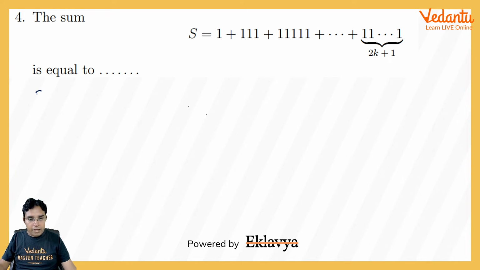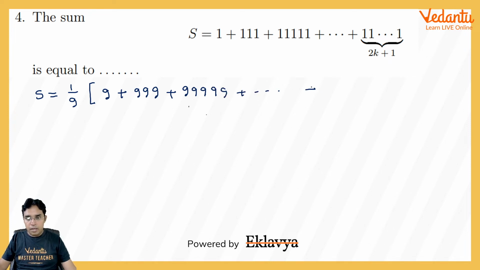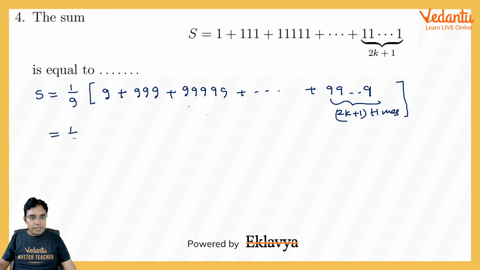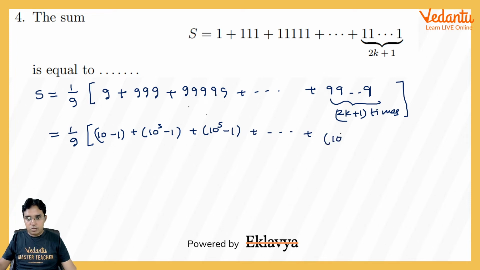Let us see how. We can write this S, after dividing by 9, as 9 plus 999 plus 99999 and so on, and then 99... 2k plus 1 times 9. Then, the standard step, 9 will be written as 10 minus 1, 999 as 10 cube minus 1, then 10 raised to the power 5 minus 1, and so on, and then 10 raised to the power 2k plus 1 minus 1.